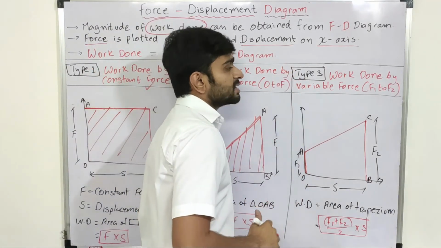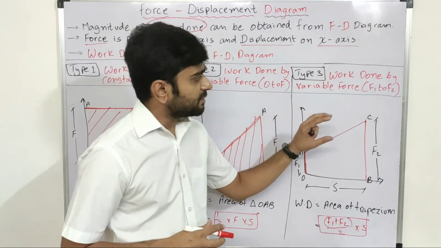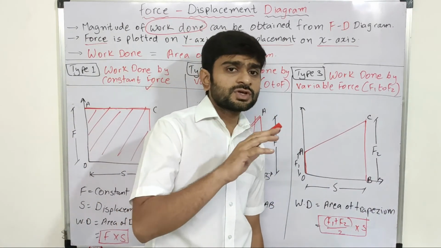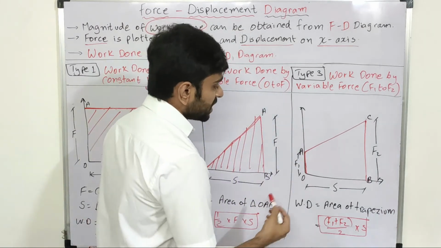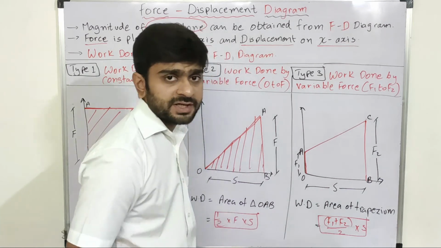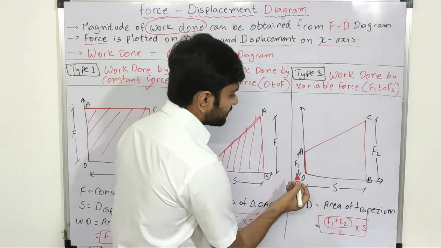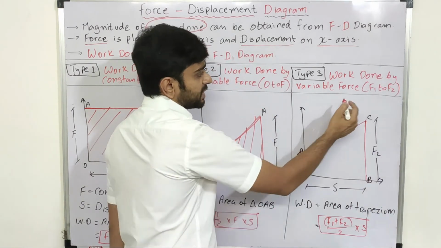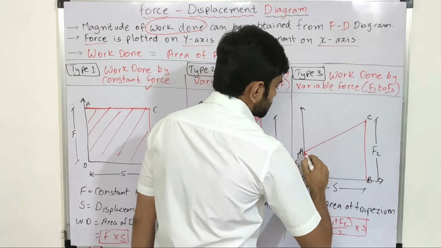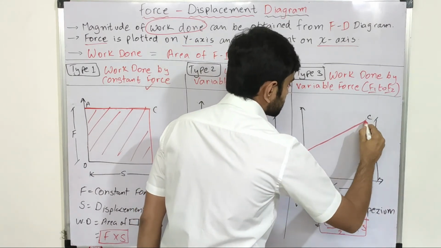And the last and third type is work done by variable force from a particular value on the y-axis to some higher value, as shown here. Again on the x-axis there is displacement, on the y-axis there is force, but this time our force is starting from this point, F1, to F2, so it will increase linearly like this.